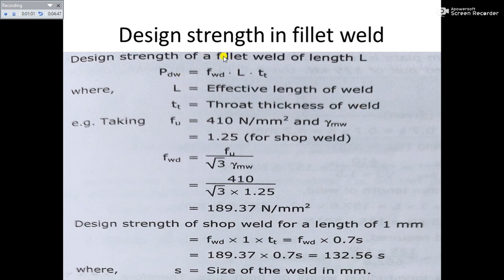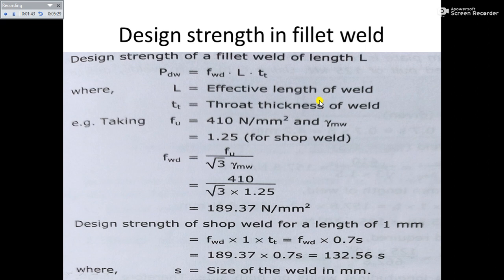Likewise, P is equal to stress into area, that is length into thickness, which is nothing but the area of the plate, and fwd is the stress, that is strength is equal to stress into area, where L is the effective length of the weld, Tt is the throat thickness of weld, and this throat thickness is generally taken as 0.7 S. S is nothing but the size of weld, and when in the problem it is not given, then it is considered as the thickness of plate minus 2.